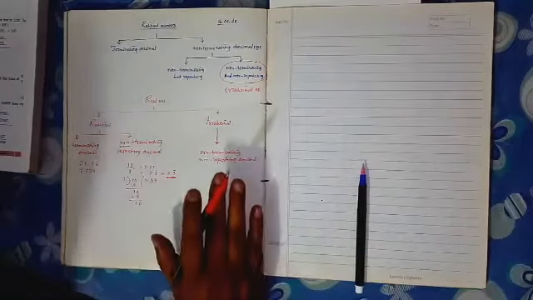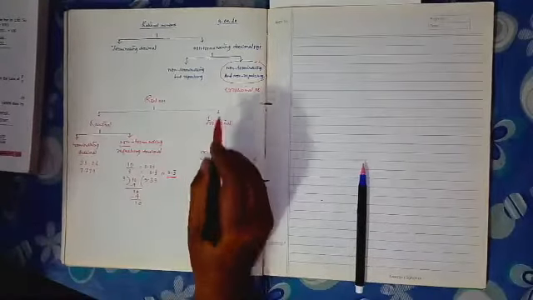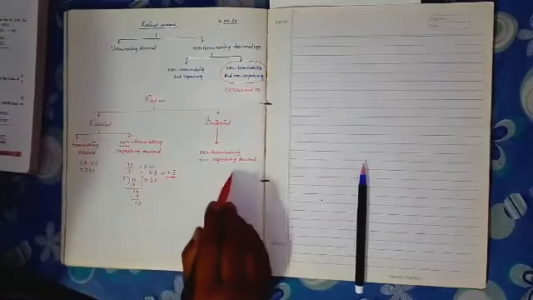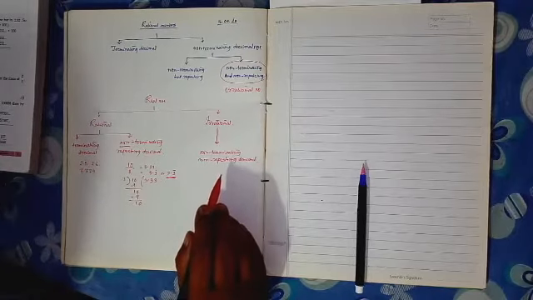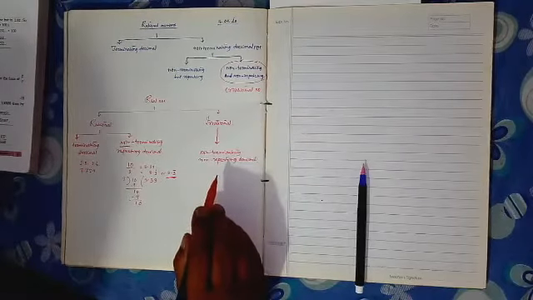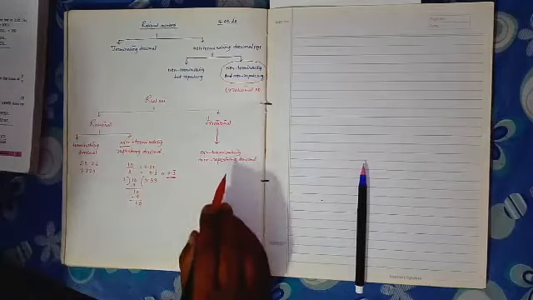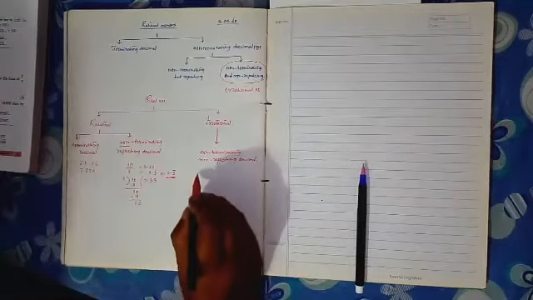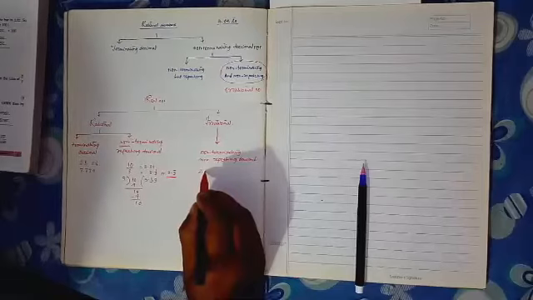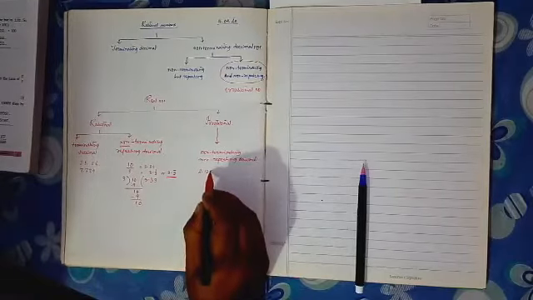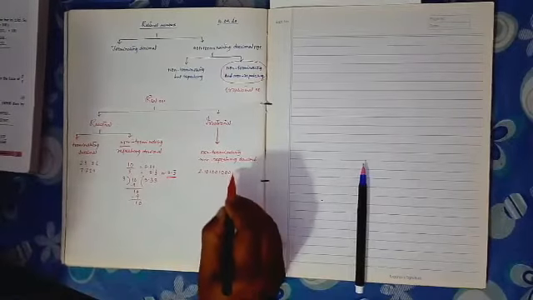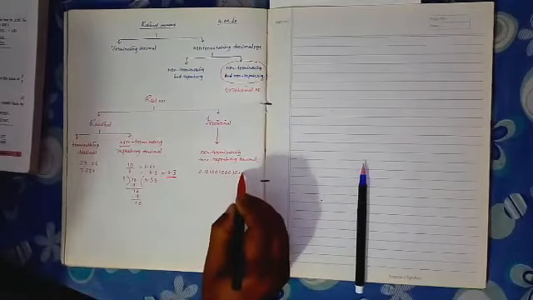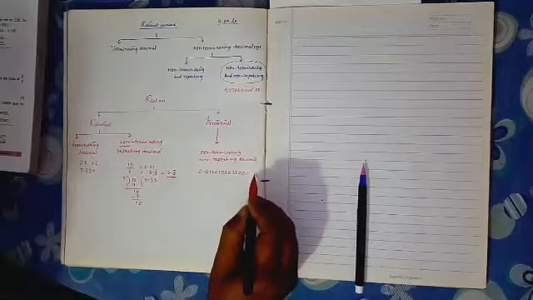But if this is an irrational number, we will say that irrational numbers are non-repeating, non-terminating. Like 2.10, 100, 1000, and so on.